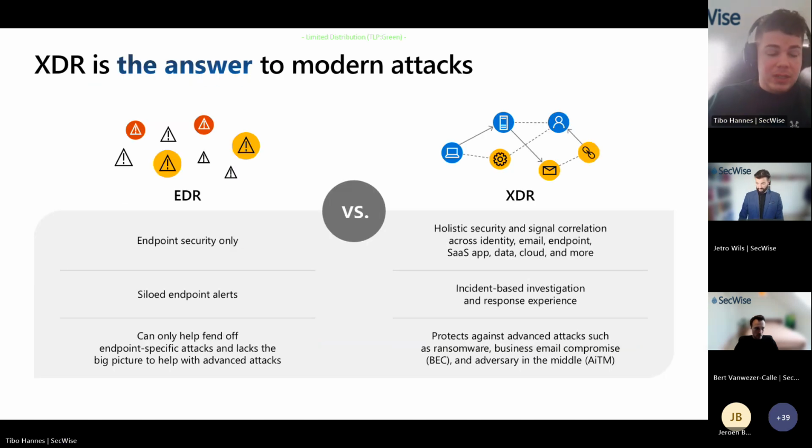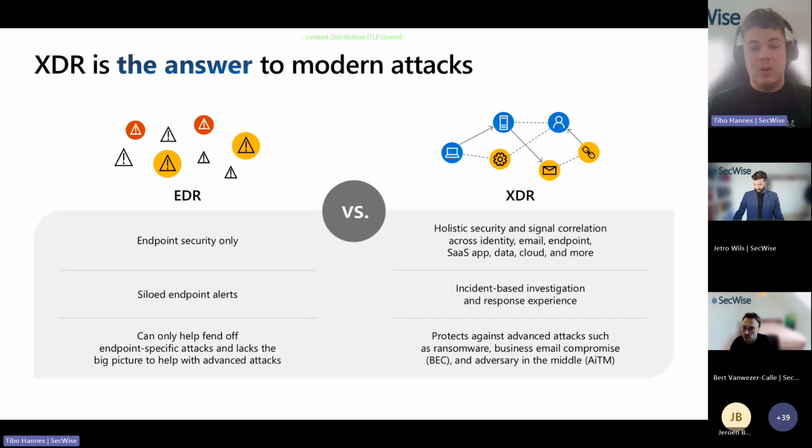Now, XDR is also a term you have heard a lot, extended detection and response. But why do we want an XDR and not an EDR? Why don't we just want endpoint detection and response? Basically, an endpoint detection and response only detects stuff on your endpoints. It is very siloed. If something happens on your identities, you won't see it in your EDR.